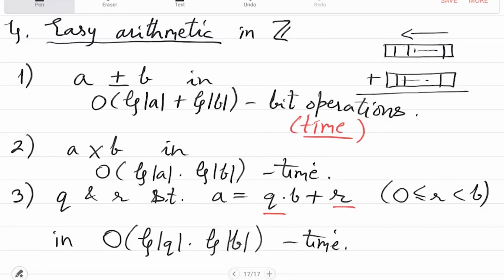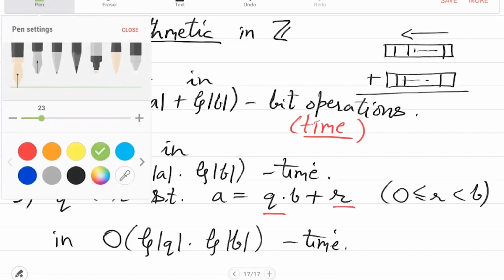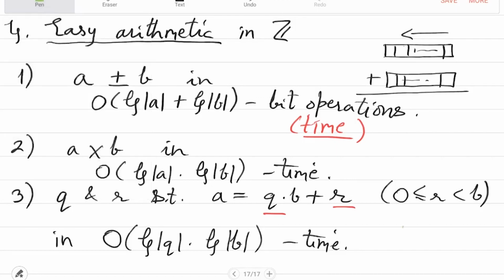Is it okay? We actually know about A and B, right? We don't know about Q. So the long division works this way. You first find Q0, whether it's 0 or 1.